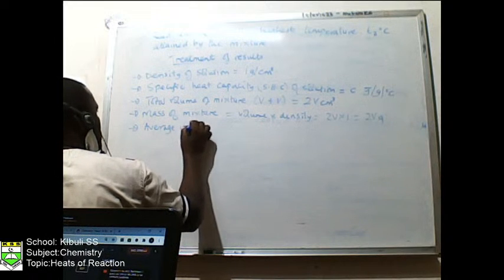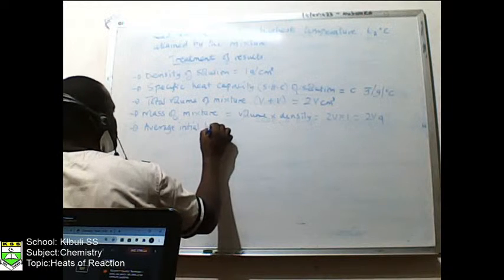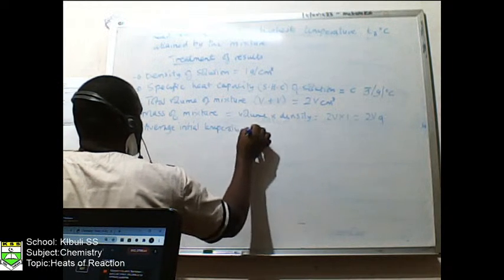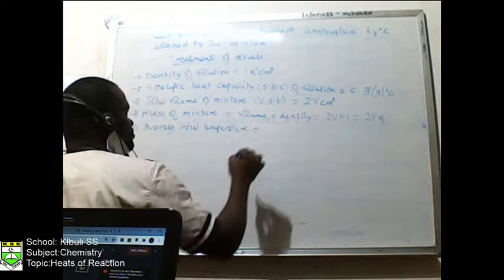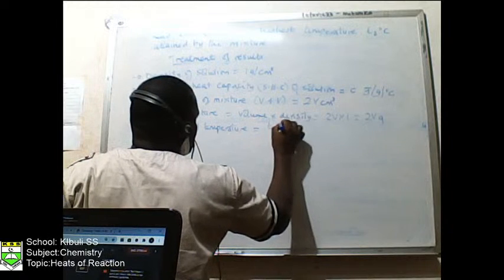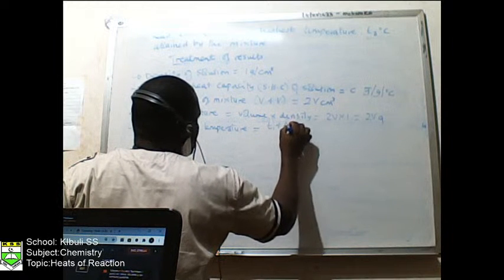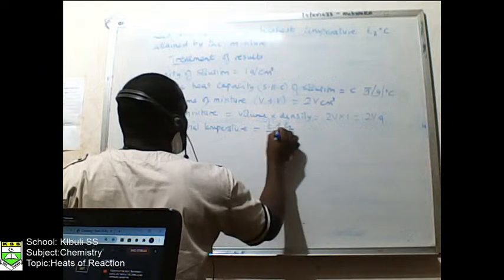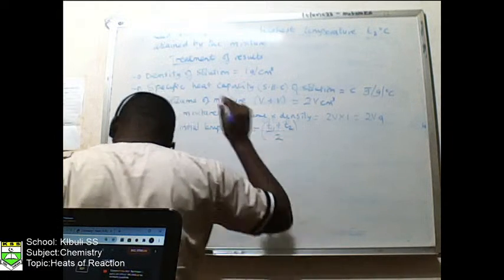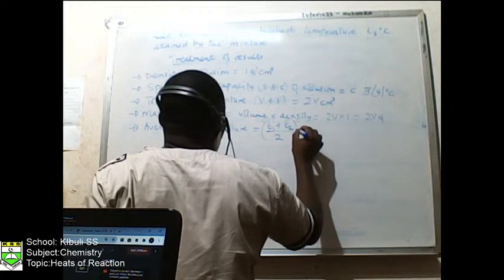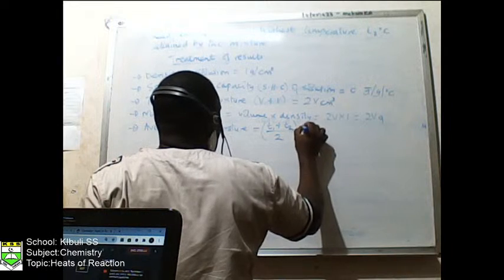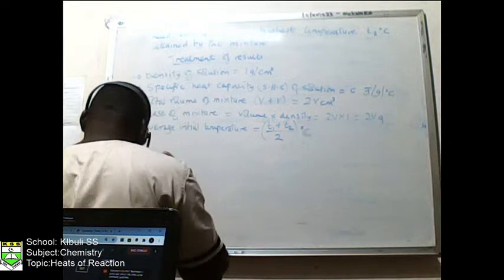Then we have the average initial temperature. This is the temperature of the sodium hydroxide solution plus the temperature of the hydrochloric acid, all before mixing, divided by 2, and we shall call that initial temperature, measured in degrees Celsius.